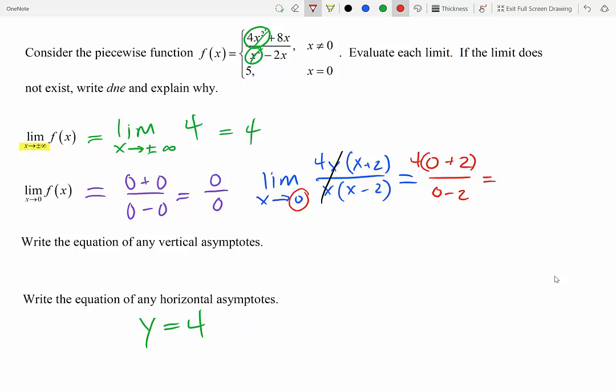So in this case, you'll get 8 divided by negative 2, or in other words, a negative 4. A common mistake made in this question is for students to believe that the answer should be 5, but that's the point on the graph, whereas a limit is finding the height that a function intends to reach. In this case, our function is trying to reach a height of negative 4 as x approaches 0, as shown by this factoring method problem.